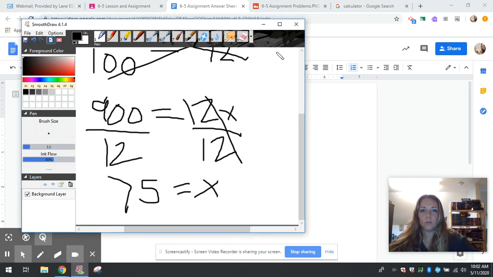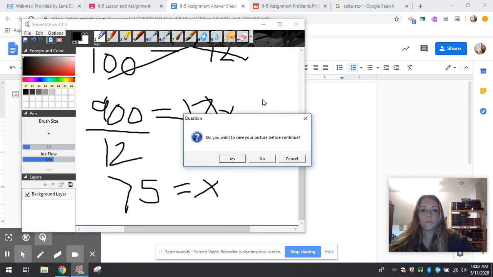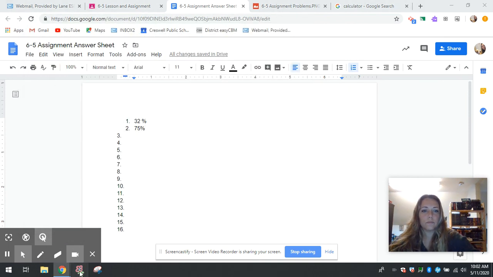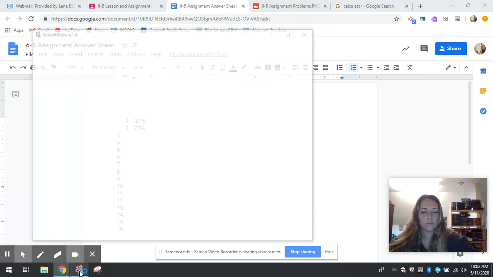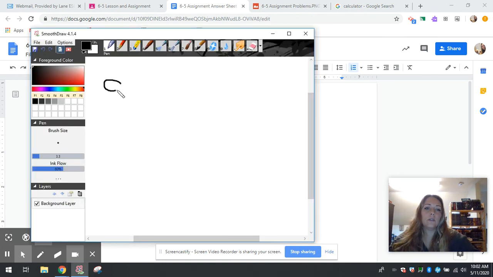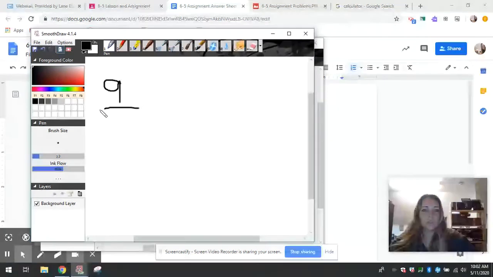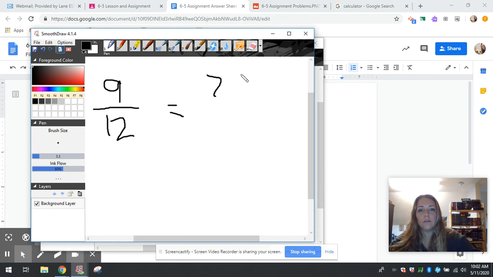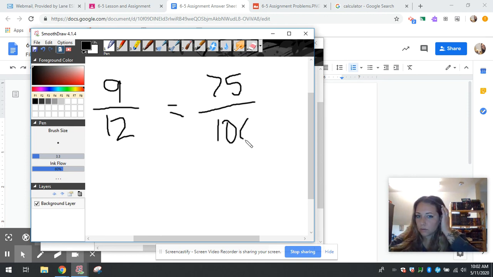Let me explain this a little more. What we're essentially saying here is that 9/12 is equal to 75 out of 100. And we could think about this a few ways. We could reduce this all the way down to 3/4.